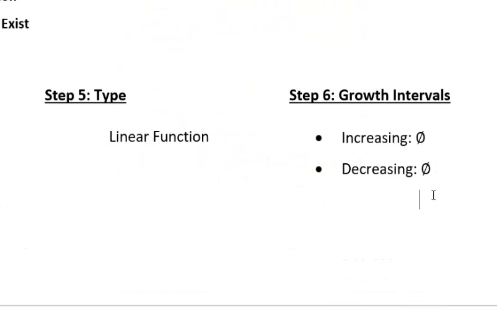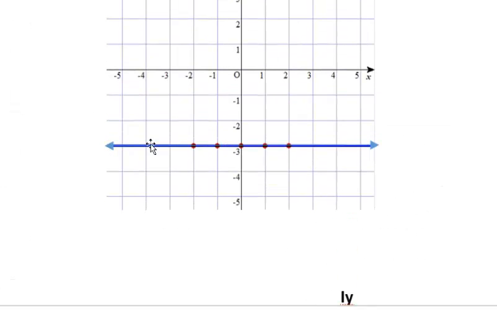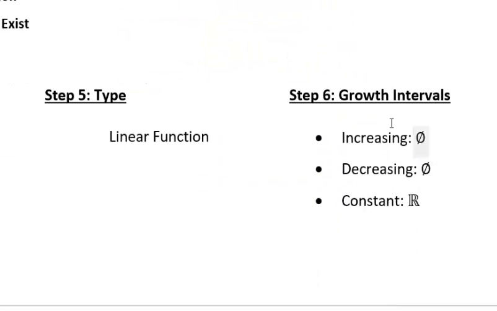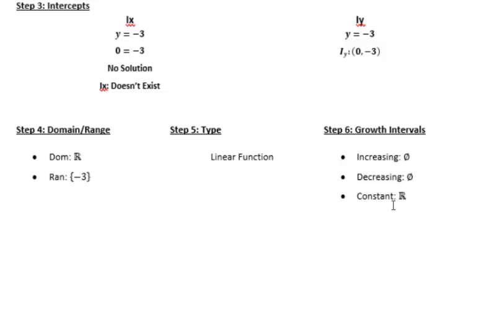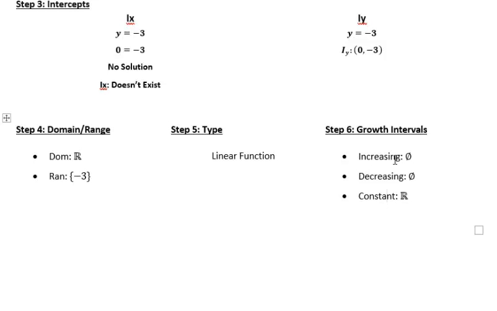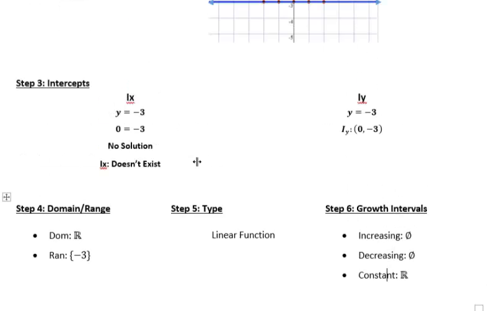That's what we're going to call a constant interval. So the constant interval is going to be R, because it's constant in all of the numbers. That's how we're going to discuss the behavior of this line. Okay, it's constant. It's not increasing, neither decreasing.